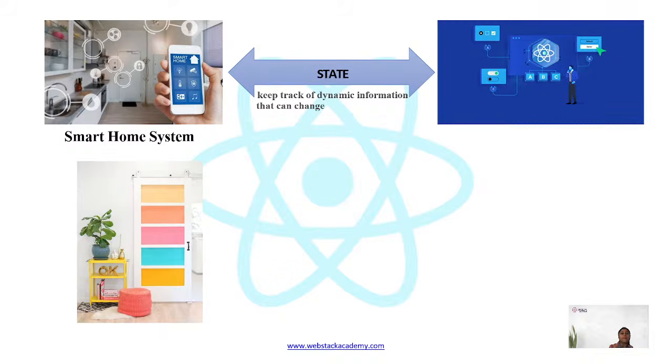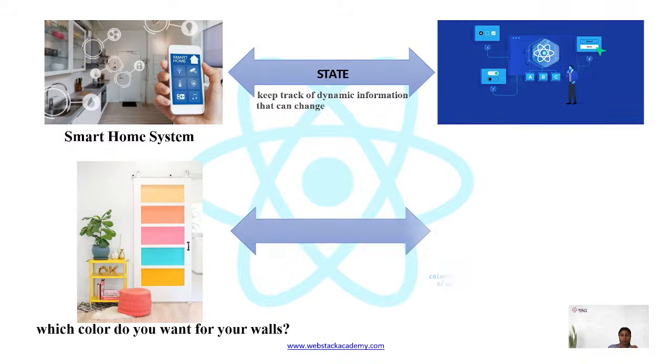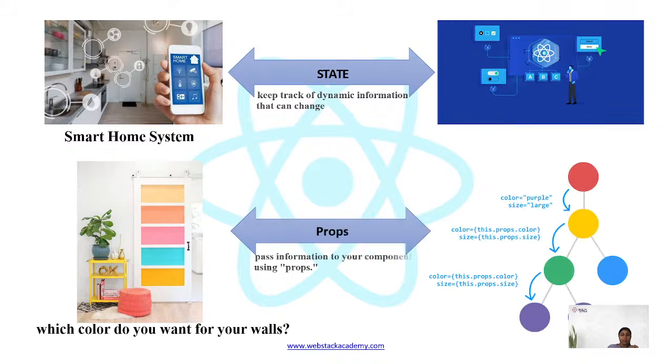So in React we pass the information using props. Is that clear? Passing the information to your component using the props. This is one of the terms that we are going to use in our React application. Is that clear to everyone?